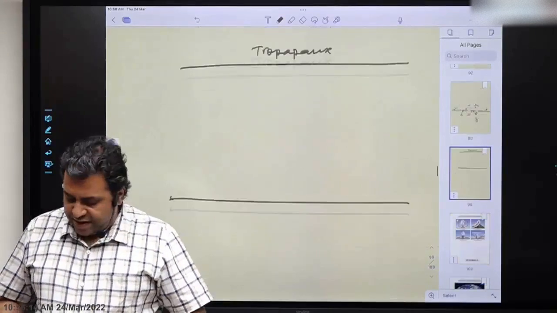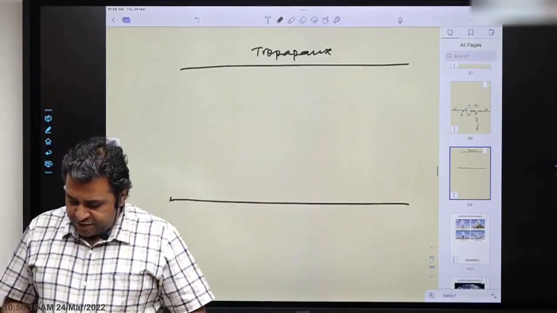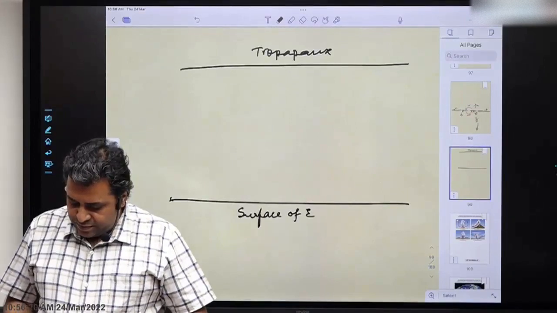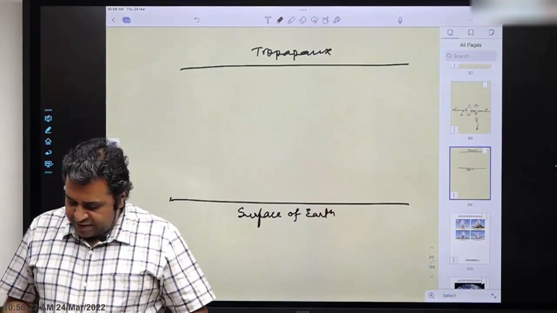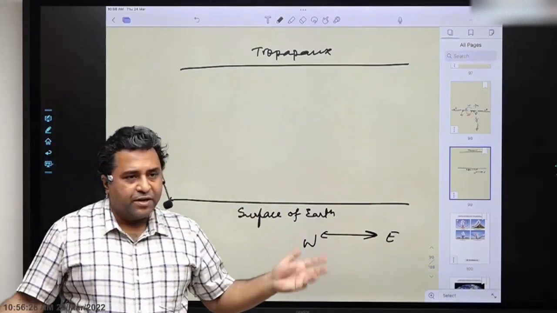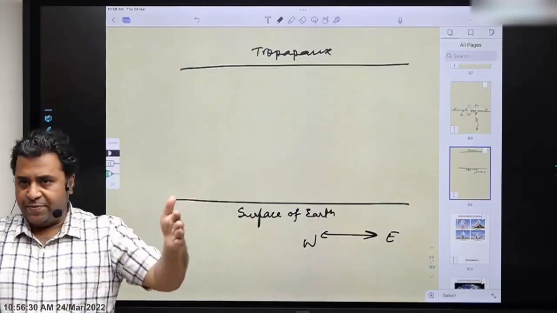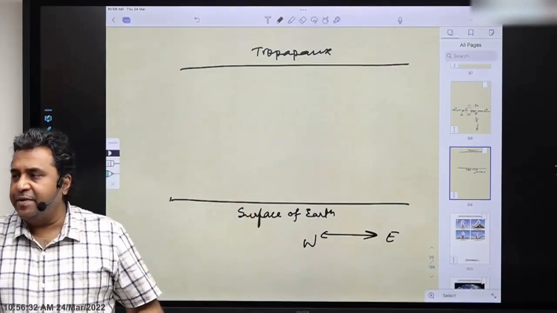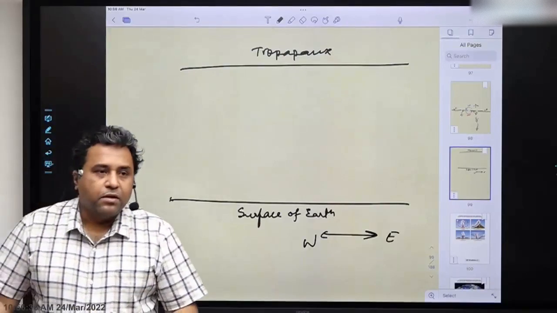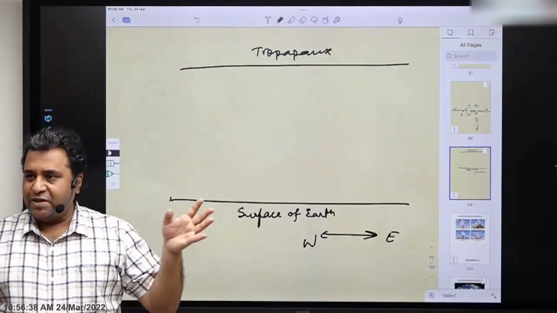Warm front diagram: tropopause, surface of earth, and east-west. So you are standing somewhere in the south and trying to see what is happening in that east-west direction. Suppose you are standing in India and seeing what is happening in Russia, like that. Here the imagination has to be slightly big, right?